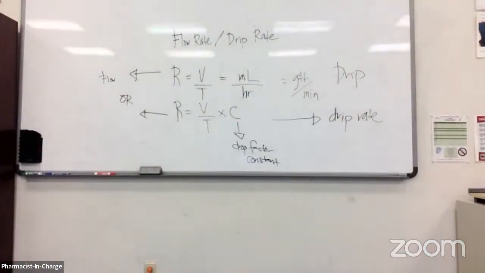We're going to do it on the board. It's simple. Just know the formula. R, which stands for rate, equals V over T. That's all you need for this particular worksheet right now. So I'm going to do the first one.